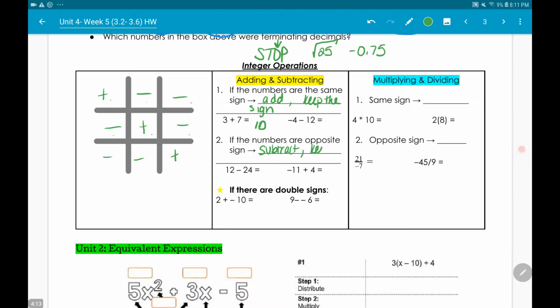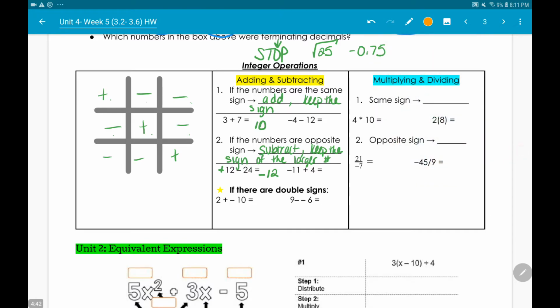But then we keep the sign of the larger number. So let's check the first one. 12 minus 24. 12 is positive, 24 is negative, so subtract the numbers. And I get 12, but 24 is bigger, so it's negative 12. And then you guys could do the next one.